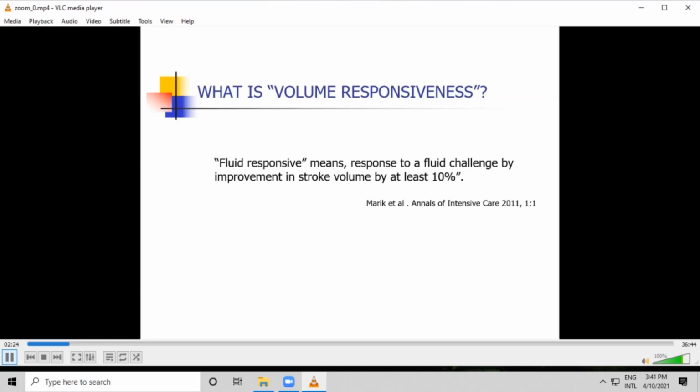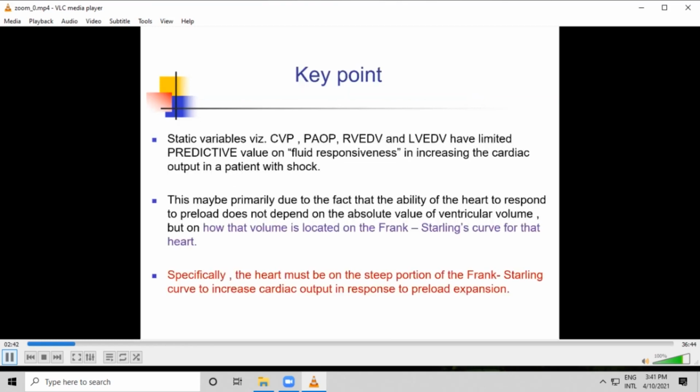Fluid responsive means a response to a fluid challenge by improvement in stroke volume or cardiac output by at least 10%. In fact, specifically an increase in stroke volume, because sometimes the cardiac output can be increased just by increasing heart rate.